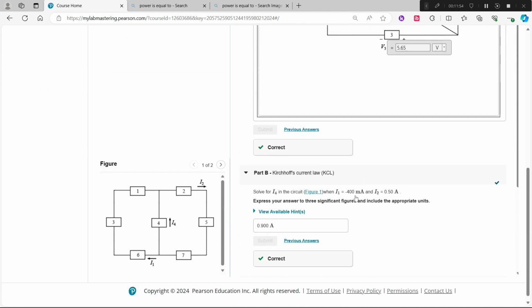Okay, so for the second part here, we're going to be using figure 1. So we have currents here.